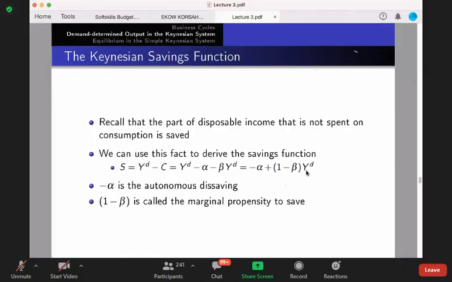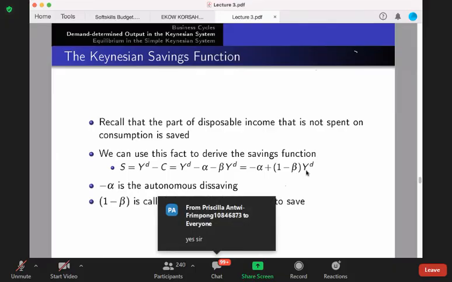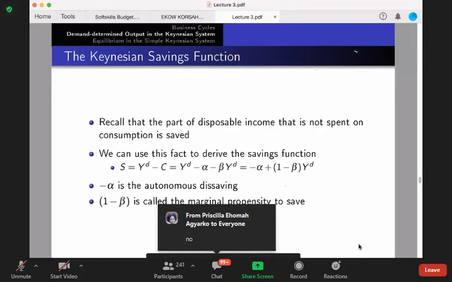I hope that is clear. Is it clear? All right, good. So MPC is marginal propensity to consume. It's the other end, the consumption function that we dealt with here.